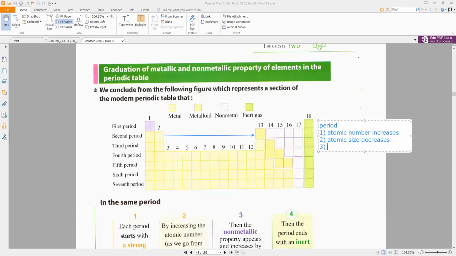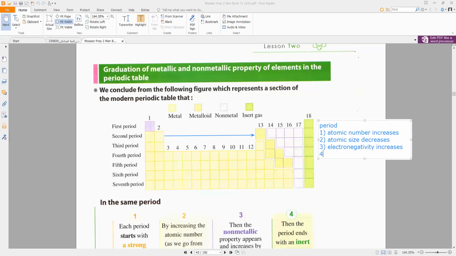When the atomic size decreases, the nucleus attracts the outermost electron more, so it can't let it go freely. So the electronegativity increases. This is what happened to atomic number, size, and electronegativity in the period.